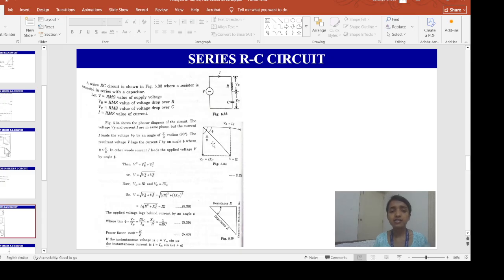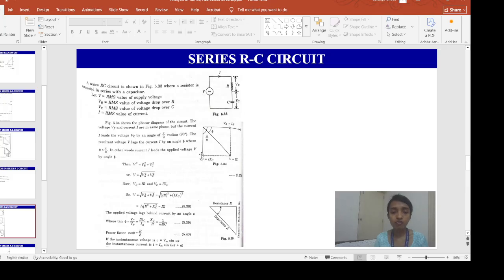See, this is the voltage. If we draw the voltage VR and the current I, they are in phase. In a resistive element, voltage and current are in phase. But in a capacitive element, what happens? The current I will lead the voltage VC by an angle of pi by 2 radian or 90 degrees.